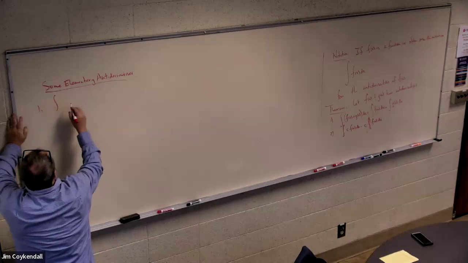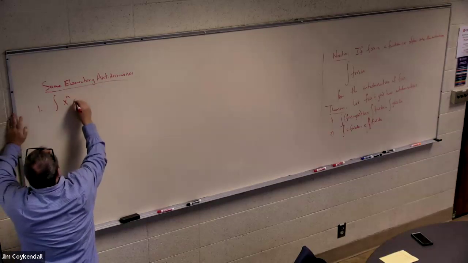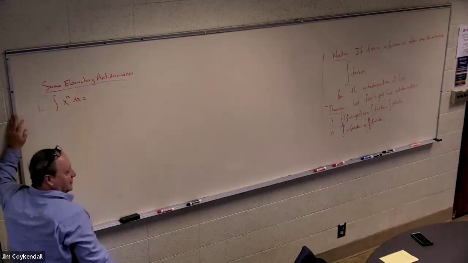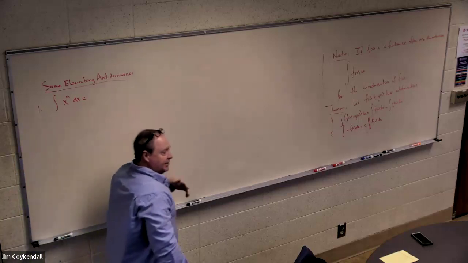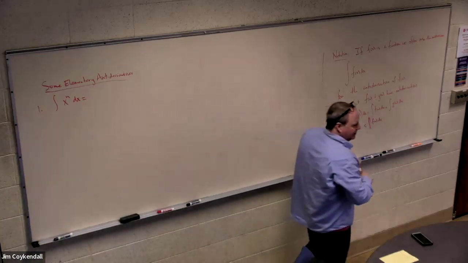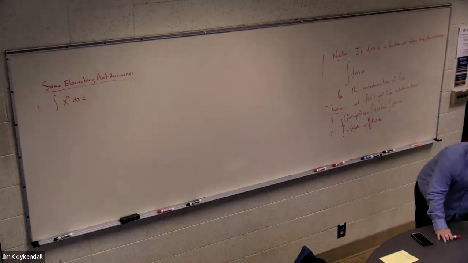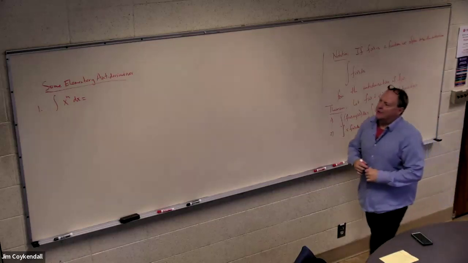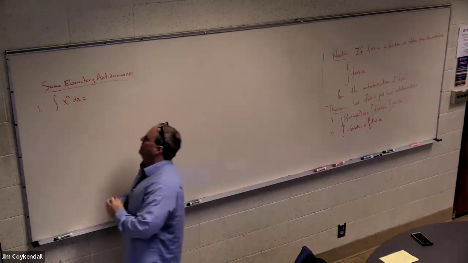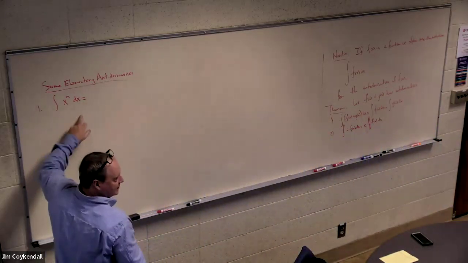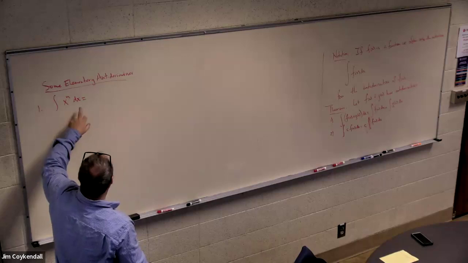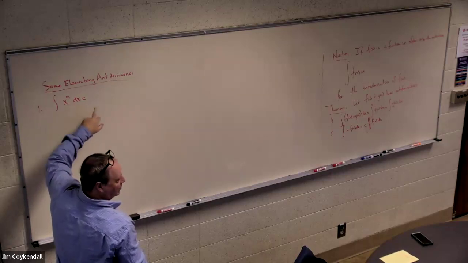The antiderivative of x to the n power. When you take the derivative, it gives you x to the n. What power should the antiderivative have?